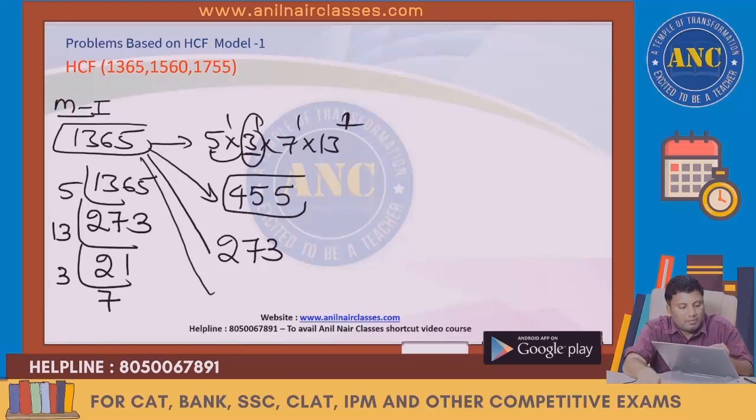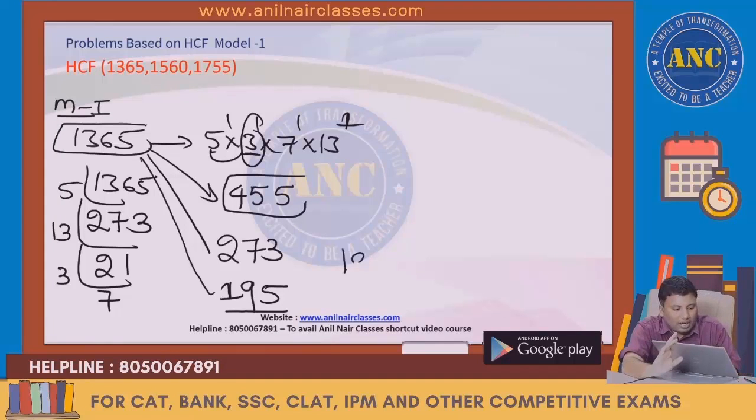What is the next number? 7. If you divide by 7, we get 195. Is 195 dividing all these numbers?